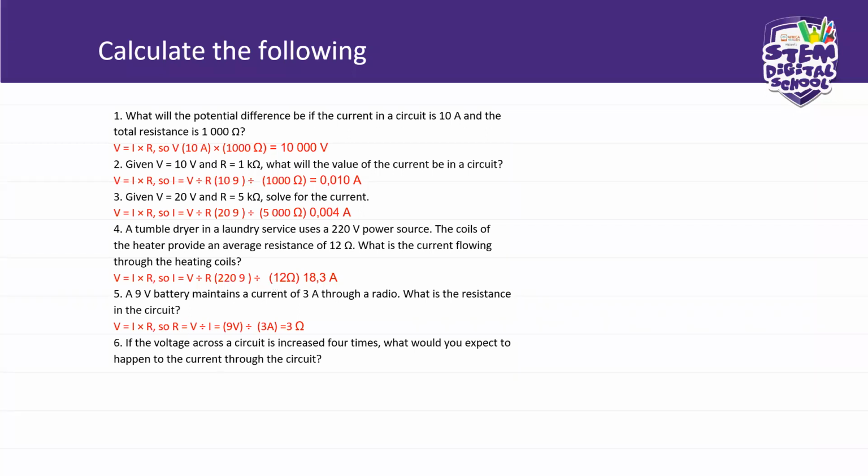If the voltage across a circuit is increased 4 times, what would you expect to happen to the current in the circuit? So if you understand the relationship between the two, then you can answer. It will also increase 4 times.